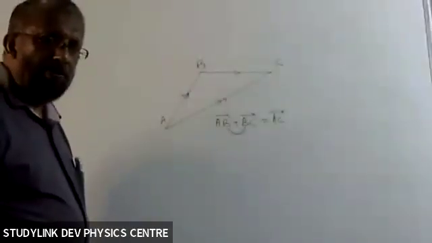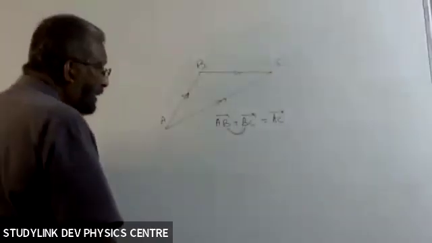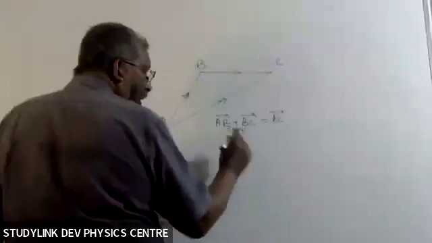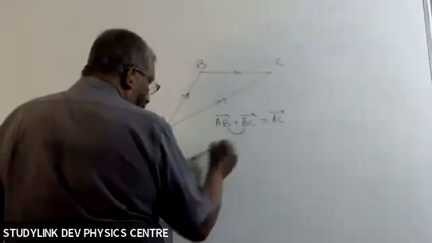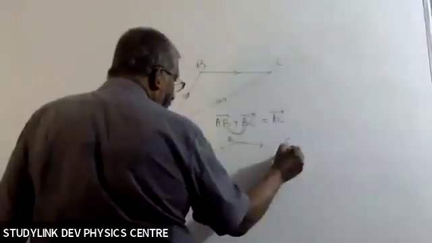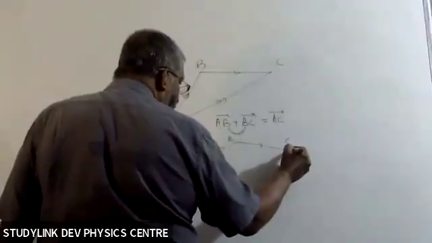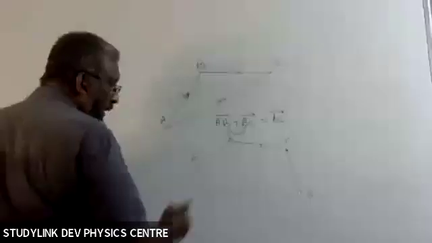When you want to add more, say there are 3 vectors: AB, another vector BC, another vector CD. You can understand in 2 ways.